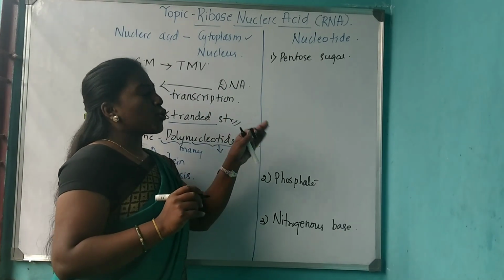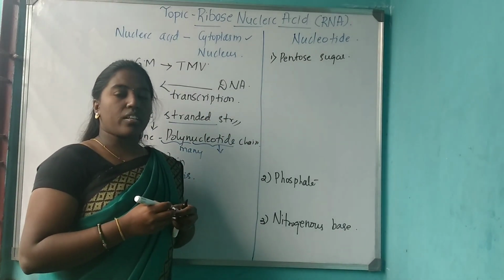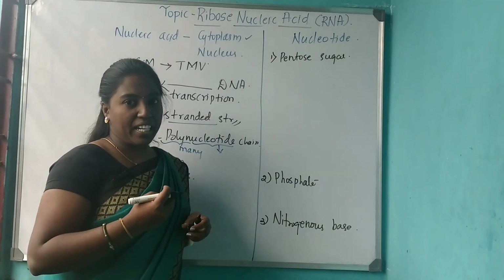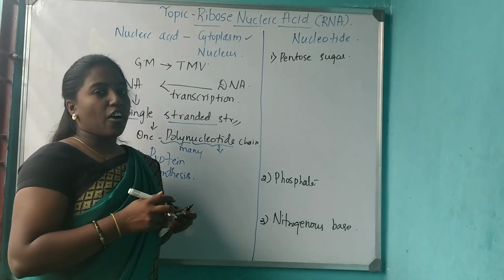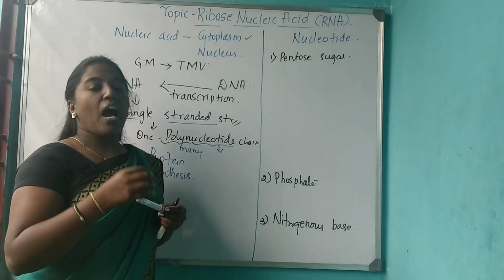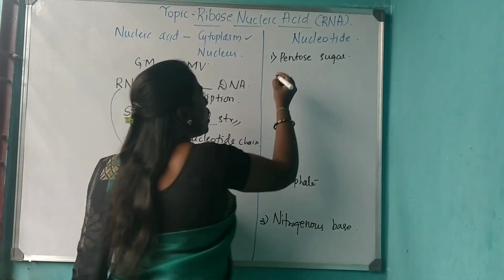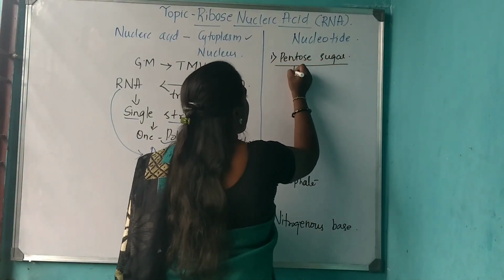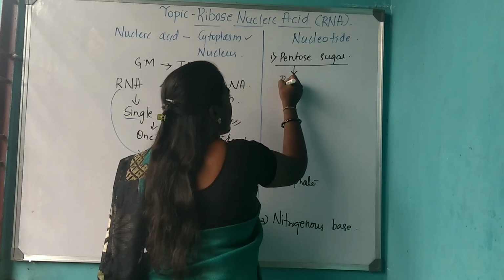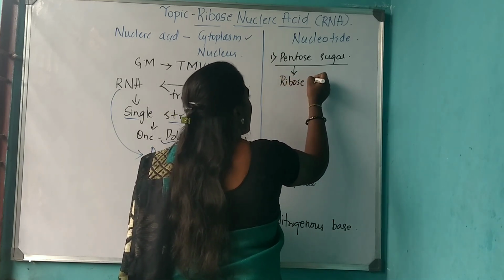The pentose sugar, as the name suggests, is made up of 5 carbon atoms. The pentose sugar found in RNA is ribose sugar.